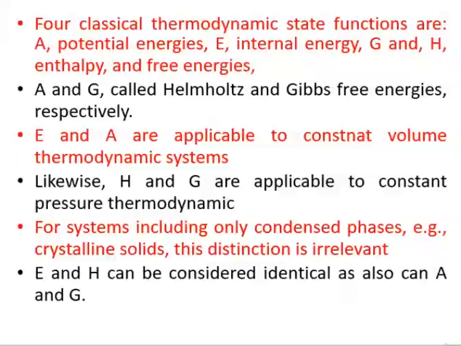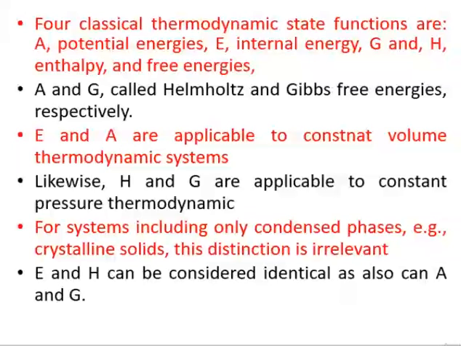So in a situation where the volume is constant, we use this E and A. And on the other hand, when we have constant pressure thermodynamics, the A and G are the ones that are applicable. And this distinction between constant volume and constant pressure is not significant whenever we are concerned with those molecules or those systems where we have condensed phases.